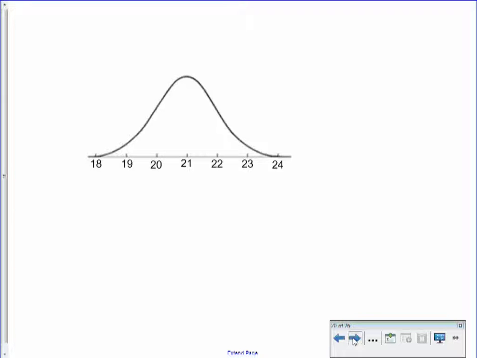All right, so then we go to C. What is the probability a randomly selected egg hatches between 19 and 21 days?